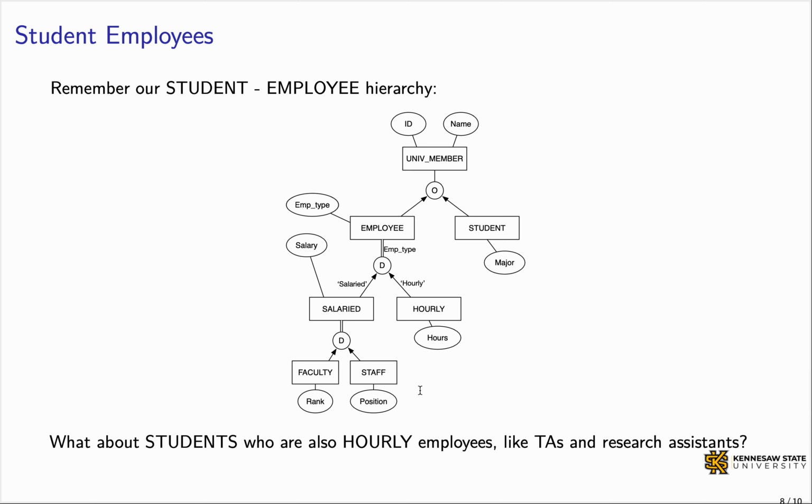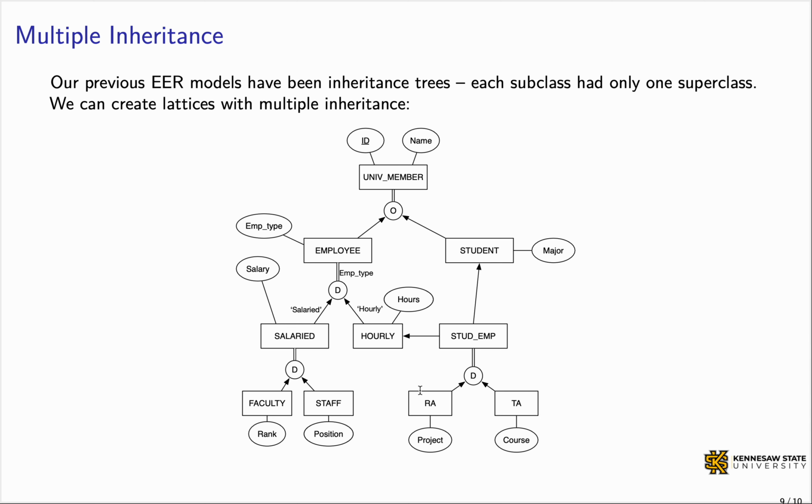Now, if we go back to our student-employee hierarchy, we notice that there can be cases where students are hourly employees. For example, teaching assistants are students who also happen to be hourly employees. And we can model that with multiple inheritance to create not just a tree but a lattice, meaning that a student employee is both a student and an hourly employee.